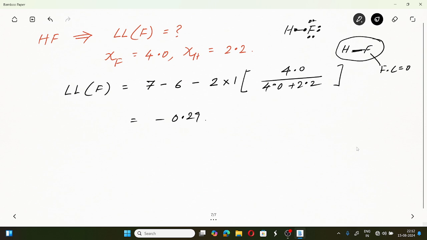Here we say delta plus, and here delta minus. This delta minus value has become a bit more quantifiable. So the formal charge is actually minus 0.29.